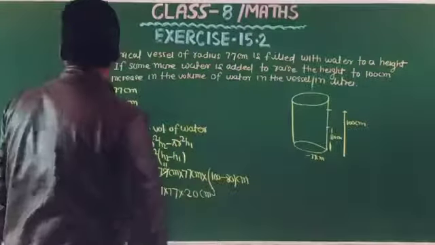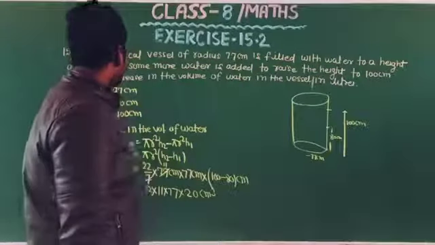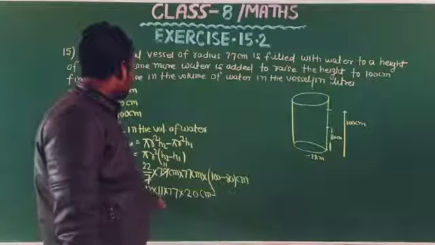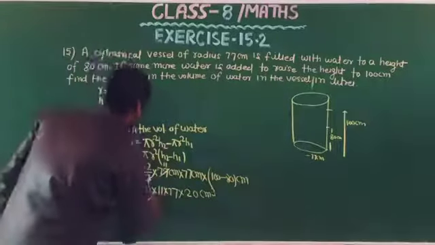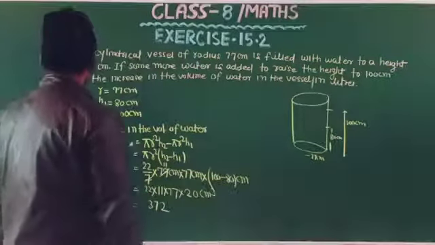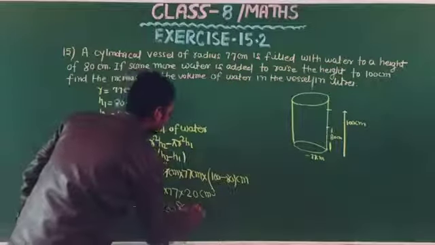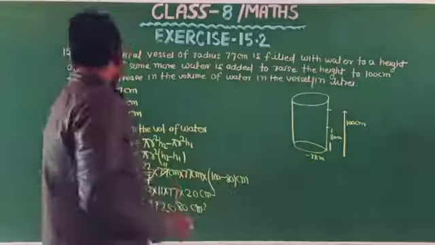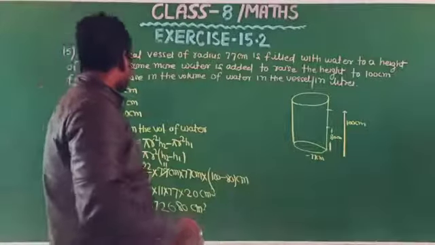After multiplication, 22 into 11 into 77 into 20 is equal to 372680 centimeter cube.